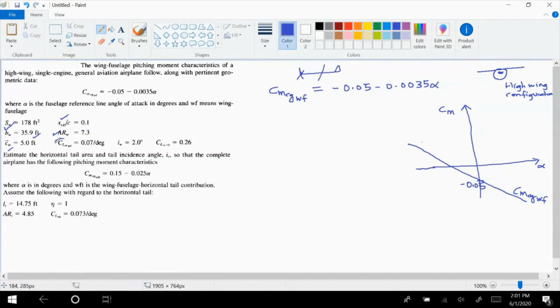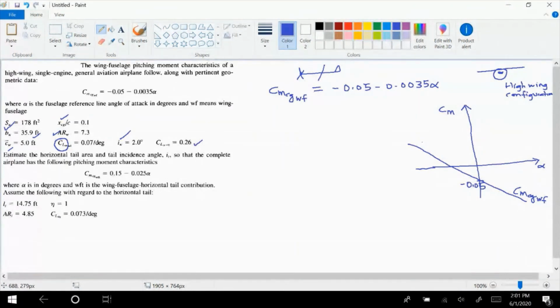So this is the slope. Okay, so you need to get used to reading the shorthand notation. So the lift slope from the wing and fuselage is given, 0.07 per degree. The wing setting angle, or the angle at which the wing is mounted to the fuselage, is given, and the value of lift at a 0 angle of attack is also given.